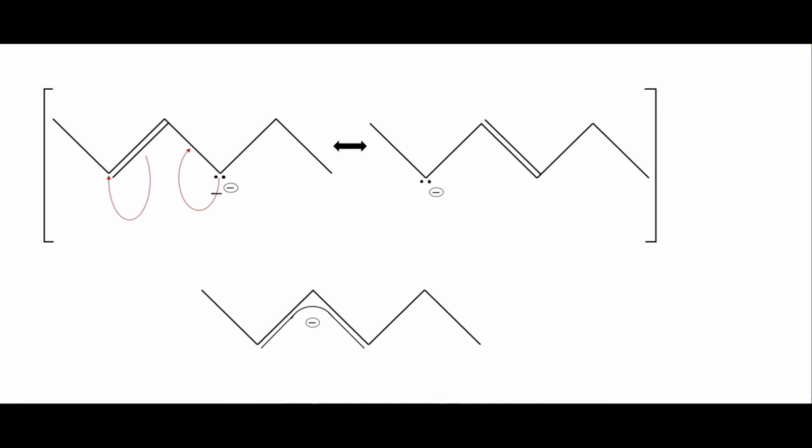Remember it's charged right here, and that means it will only have a single hydrogen, and then it's bound to these two carbons. So it has three bonds, and then this lone pair here. This lone pair is going to collapse down onto this bond right here. Then this double bond will generate a lone pair on this carbon right here. And so we have this right there with this double bond right there.